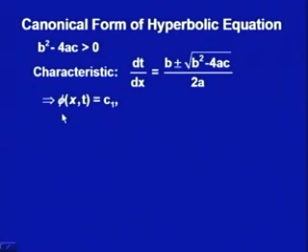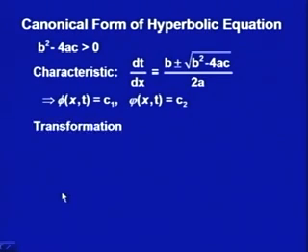Let us say phi of x comma t as c1 and psi of x comma t as c2, because we get two differential equations whose solutions we write implicitly as phi of x, t and psi of x, t equal to c1 and c2.